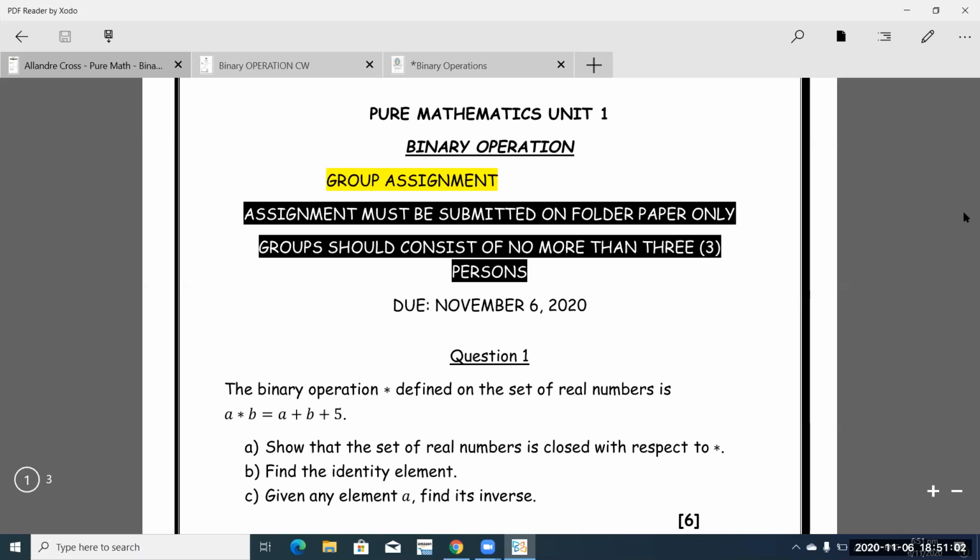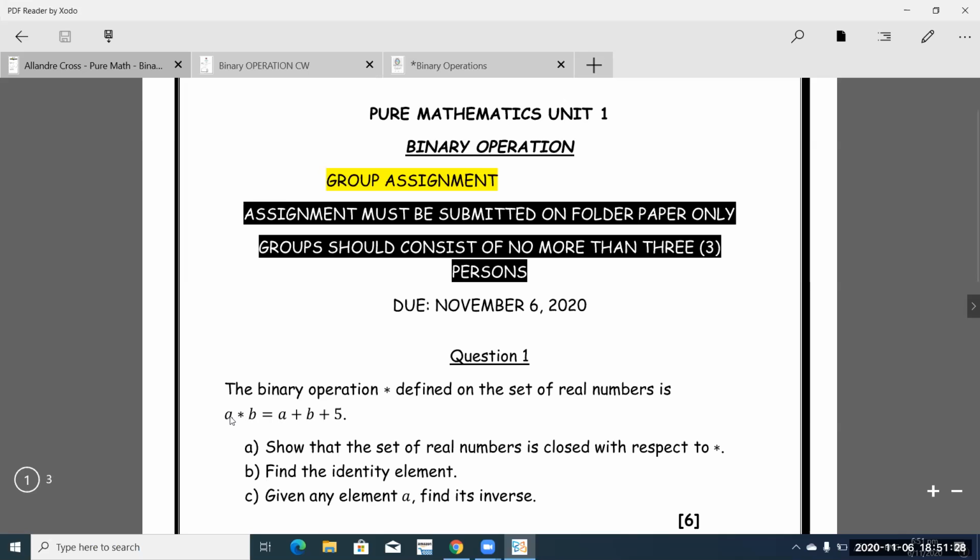Is it associative? To show that it's closed. So what does closure mean? I don't remember. All right, now closure, what we pretty much said is whenever you have an operation A star B, whenever the result is also an element of that set, then we can say the set is closed.